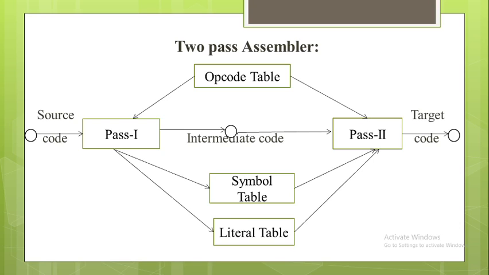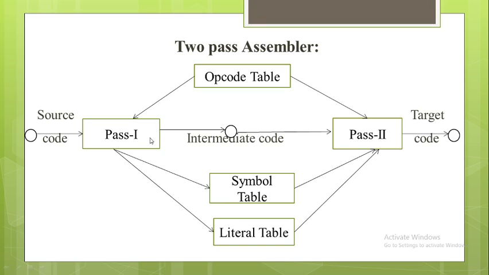Now this particular slide shows you the job performed by the 2-pass assembler. In the first pass we give the input, the source code, that is the assembly language program. Pass 1 takes the help of the opcode table and generates the symbol table and the literal table.